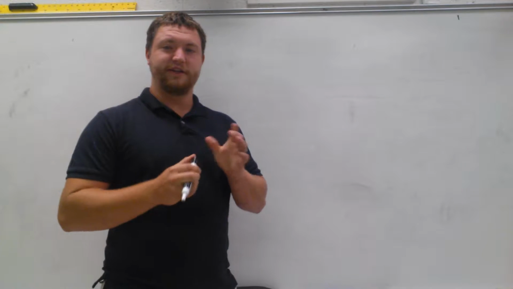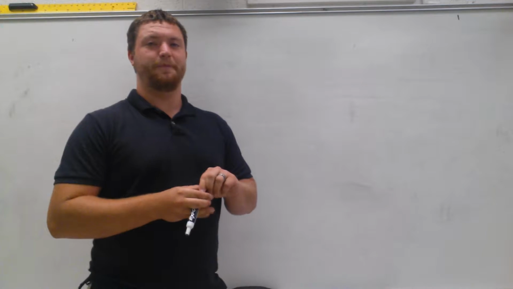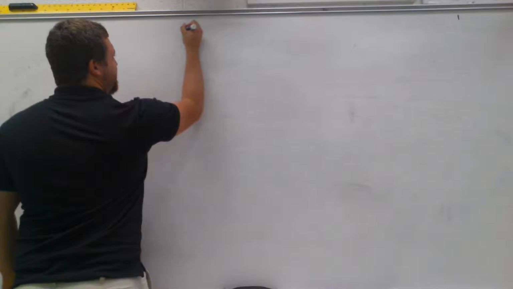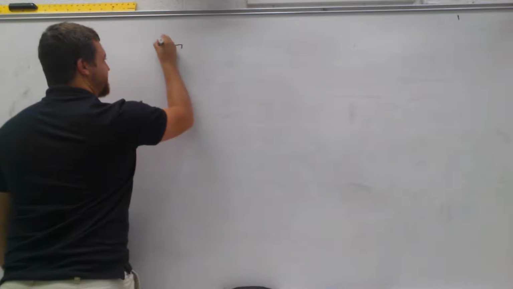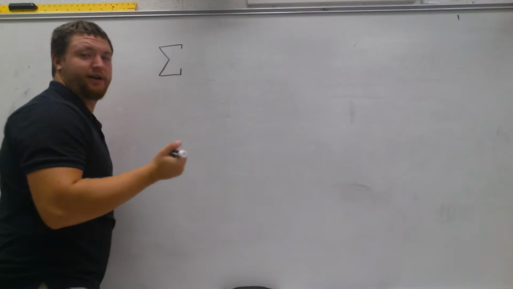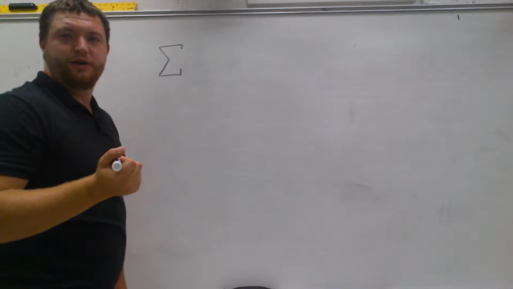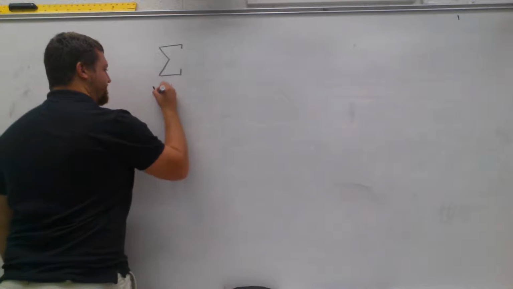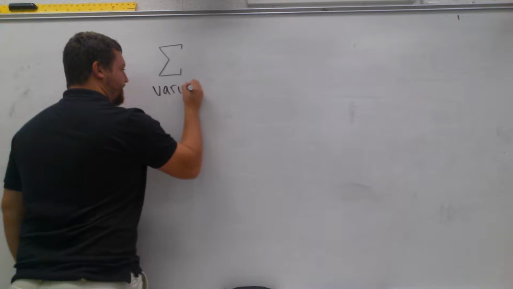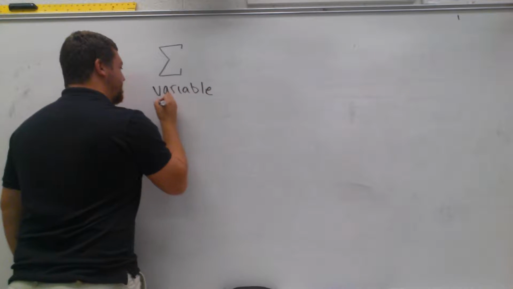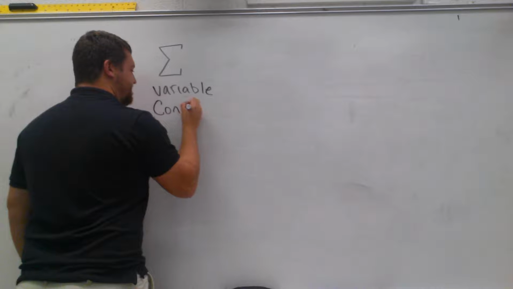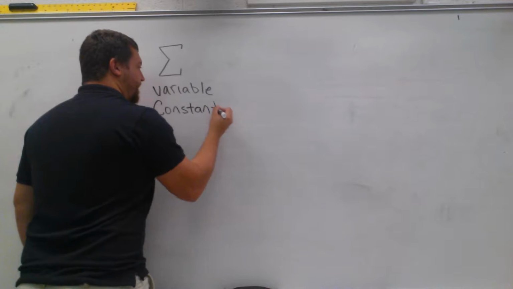So I'm going to give you kind of the list of what you should know by the end of this video. You should know what this symbol means. Okay. Some of these you should know, like variable. We're going to give you a good definition for variable. I'm going to give you a good definition for a constant. Okay.